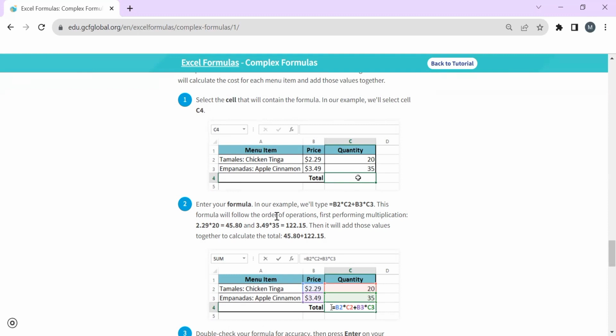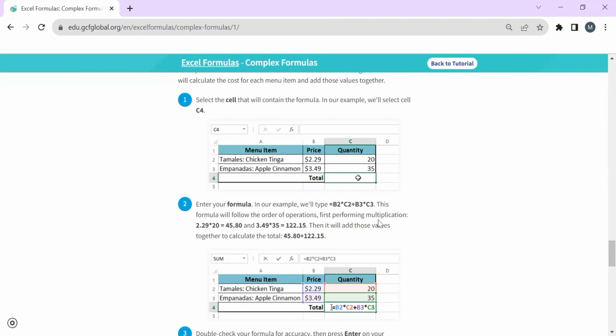Enter your formula. In our example, we'll type equal B2 multiplied by C2 plus B3 multiplied by C3. So, lagi po nating tatandaan na kapag magra-write tayo ng formula, lagi siya nag-uumpisa sa equal. Then, this formula will follow the order of operation.